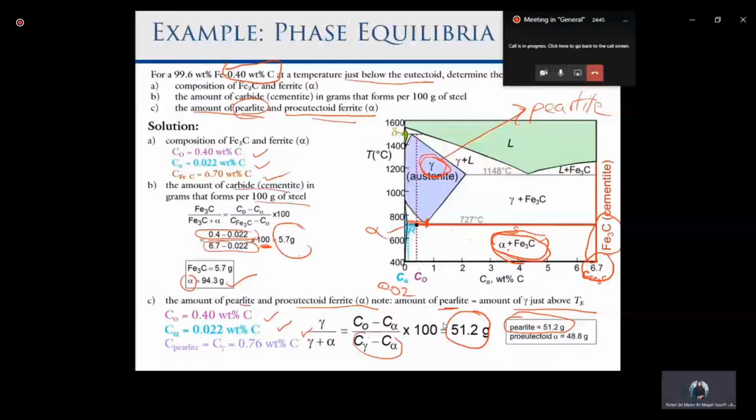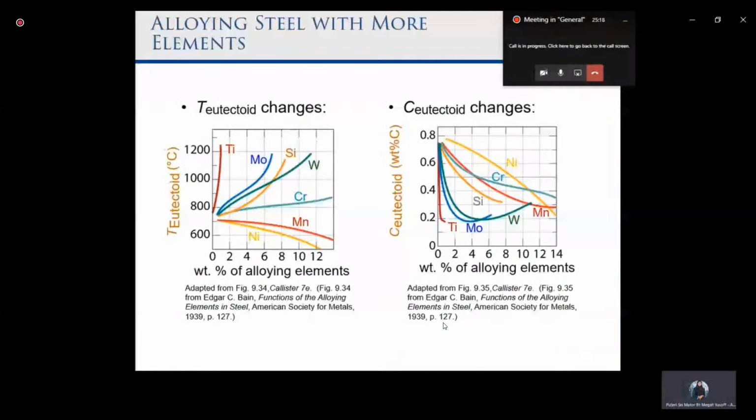So you take the amount of alpha that you have, 94.3, minus 51.2, which belongs in the pearlite, and the rest is proeutectoid alpha. That's all. So you get the answer there. It's a bit tricky, but if you think properly and know what you're talking about, you will be able to find the values.